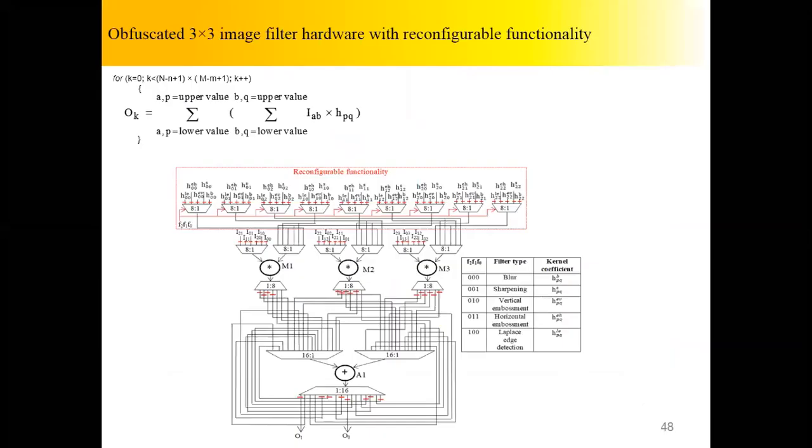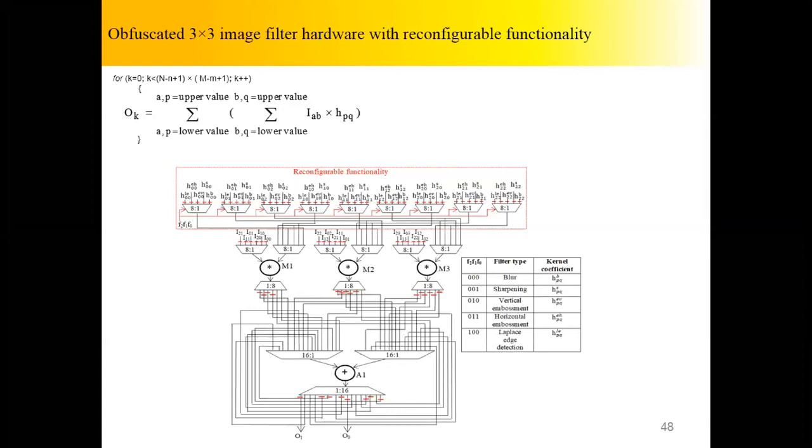This is one of the designs that we have made for an image filter that is used for 3x3 image convolution. And as I said in the beginning of my talk today, image convolution is often used for performing image blurring, image sharpening, image embossment, and image edge detection. These are all functions that work by cutting off either high frequencies or low frequencies.